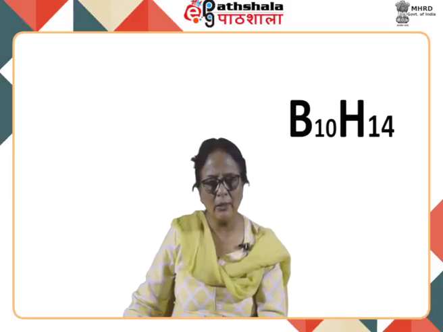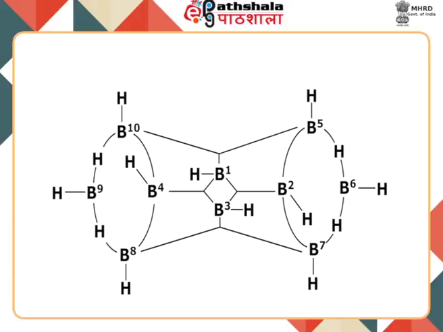We come to the bonding in B10H14. In B10H14 there are 4 BHB triple bridge bonds and 2 BBB bent bridge bonds having this structure.